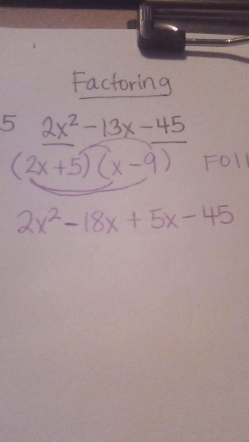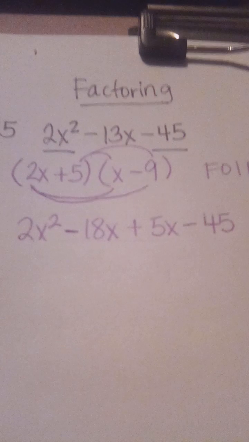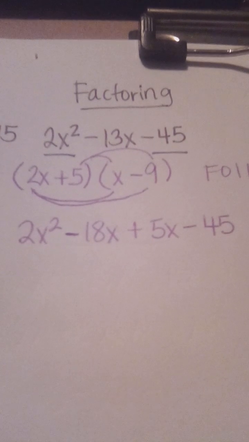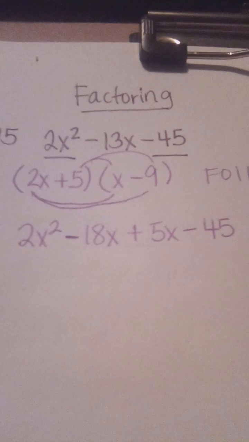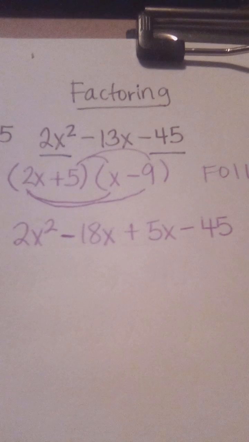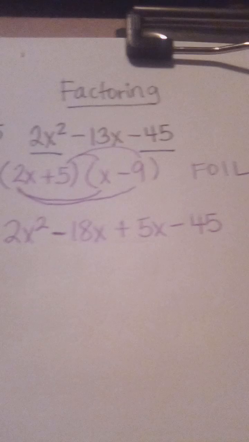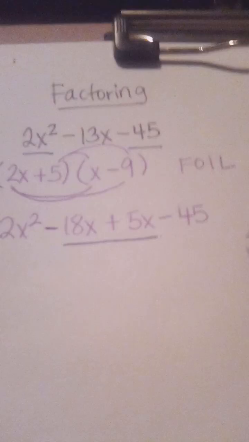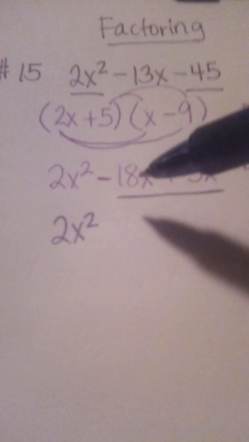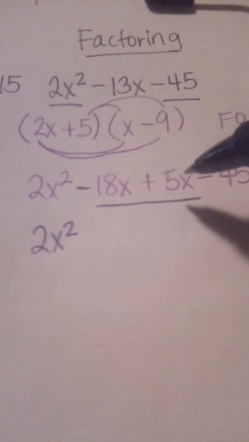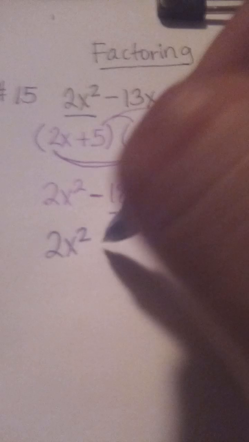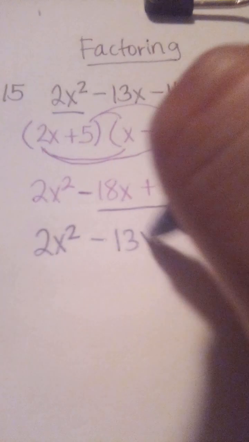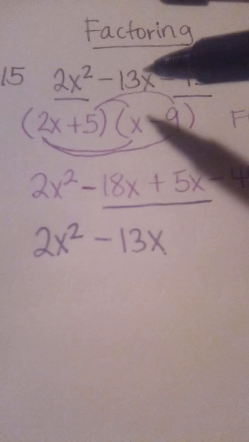Question: are there any like terms to combine? Yes. Which ones? Negative 18x and positive 5x. Combine like terms, right? So we have 2x squared, and negative 18x plus 5x gives us negative 13x. That's our middle term we're looking for. It looks pretty good.